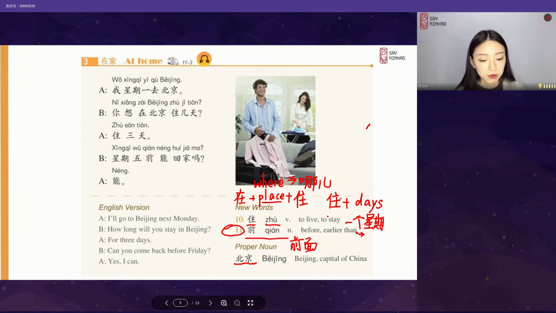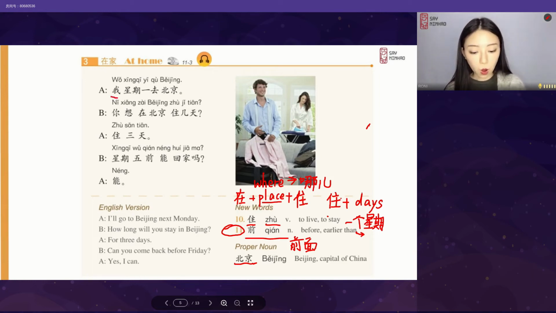Okay, now let's move on to our text. I will read it and please listen carefully. 我星期一去北京。你想在北京住几天？住3天。星期五前能回家吗？能。Okay, let's see.